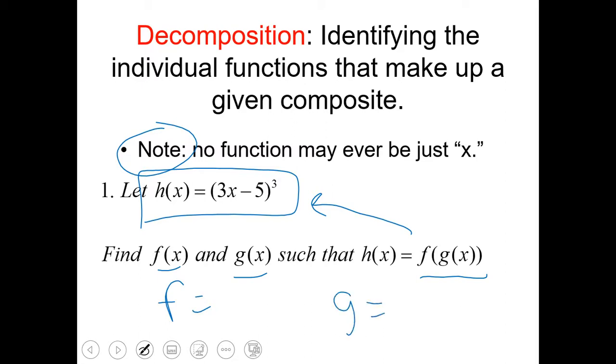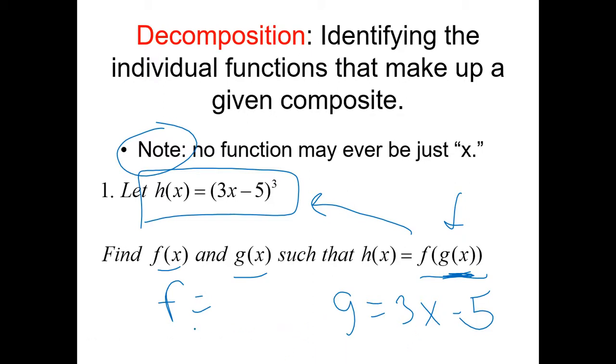And because of the order, the g had to come first. Whichever of the functions appears to be the first thing that happens, the most inside piece of the function, is g. So it looks to me like I started inside with the 3x minus 5.